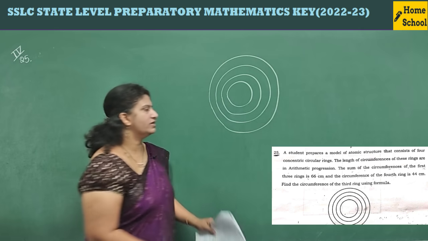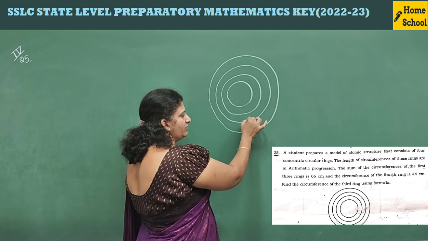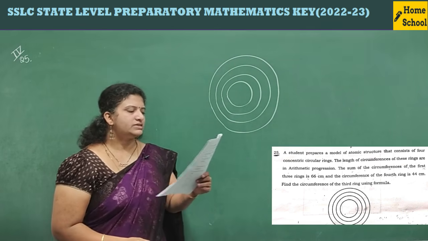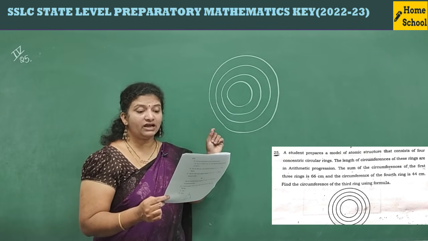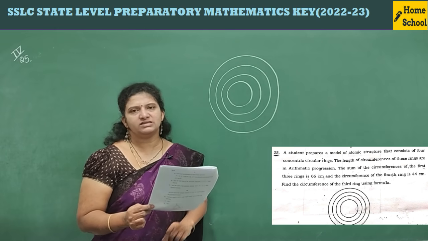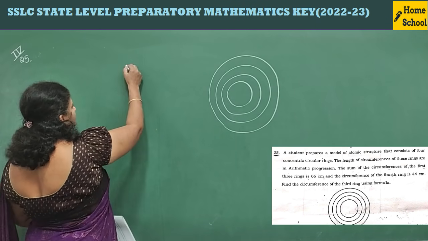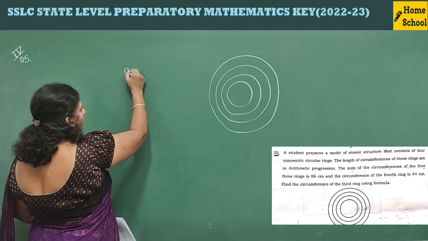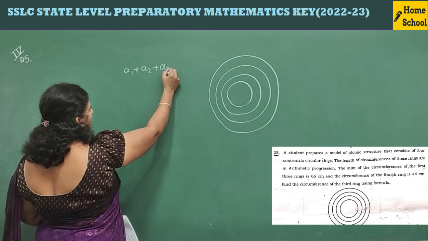Arithmetic progression set. So let me take this as first term, second term, third term, fourth term. See the question here. The sum of the circumferences of the first 3 rings is 66 centimeters. That means sum of the 3 terms, let me mark A1 plus A2 plus A3.